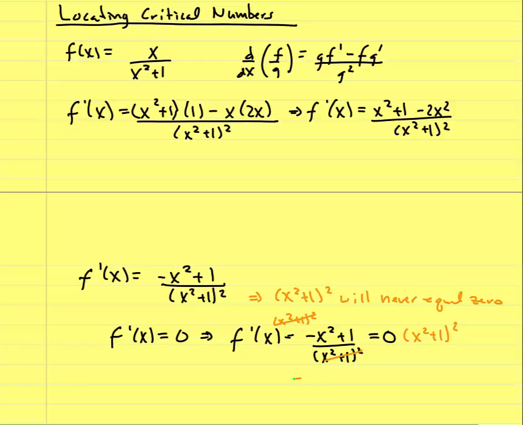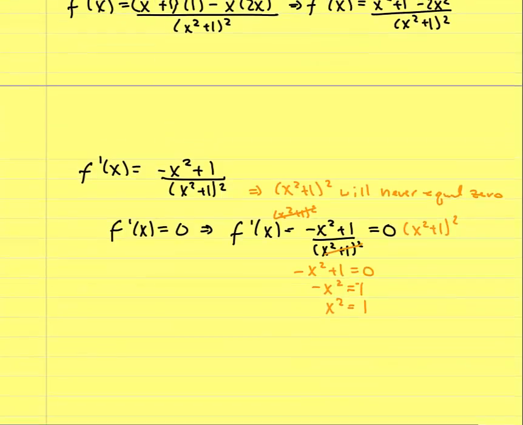And so I have canceling occurring here, and basically end up with negative x squared plus 1 equals 0. I could subtract 1 from both sides, and then I could flip my signs, multiplying both sides through by negative 1, and I get x squared equals 1, which would imply that x is equal to plus or minus 1. These are my critical numbers.